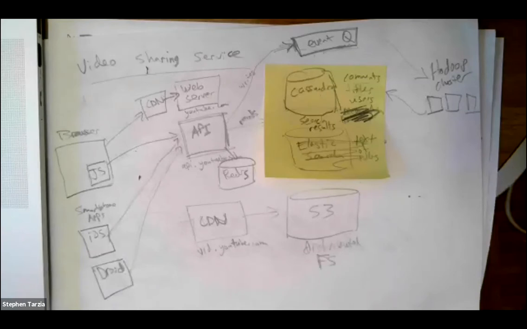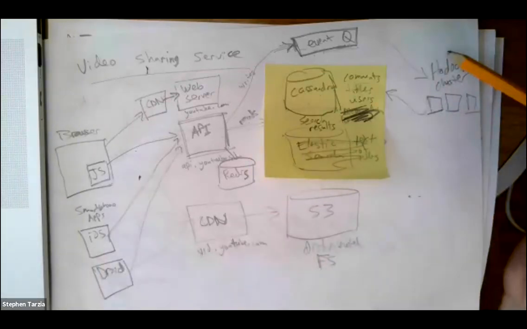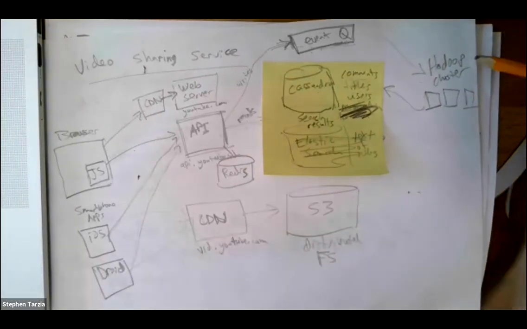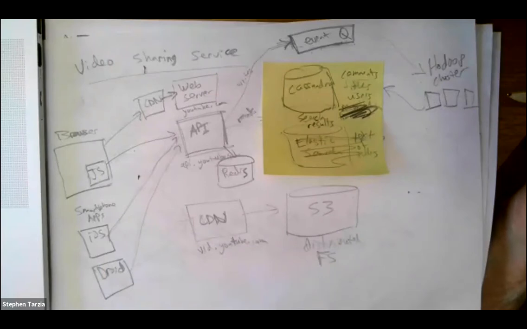So don't worry too much if this is unclear. Just think of this as a platform for doing calculations that involve more data than can fit on one machine, where we need to combine results. We need to do a ton of calculation across that big data set and eventually come up with some answer that's probably going to be a huge amount of data.